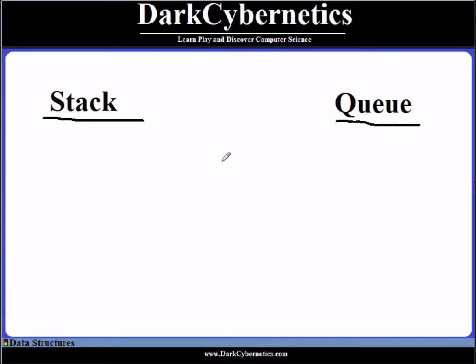In this video, we'll discuss the difference between stacks and queues, and we can define a stack or a queue as a linear data structure or a linear container. Here in this video, we will discuss the operations performed by the stack and the operations performed by the object we call the queue.